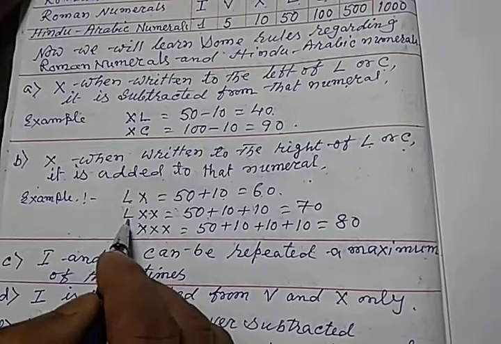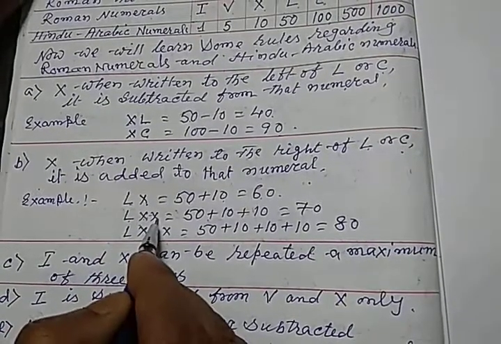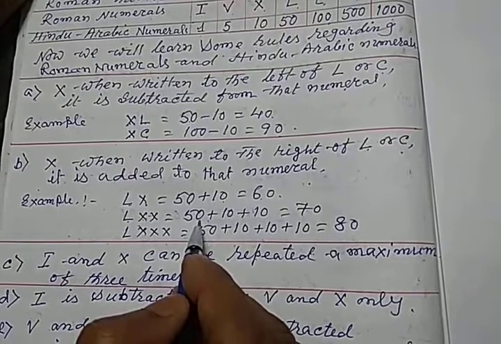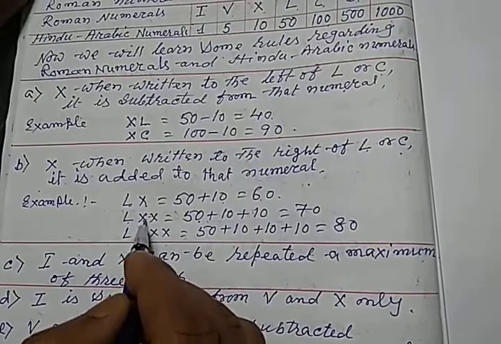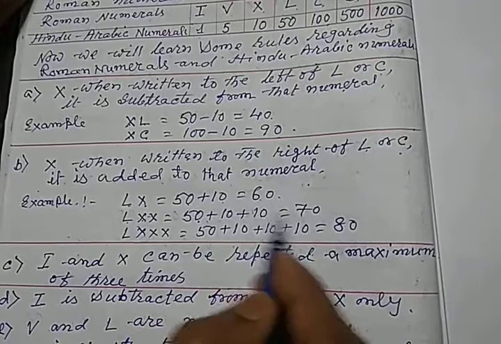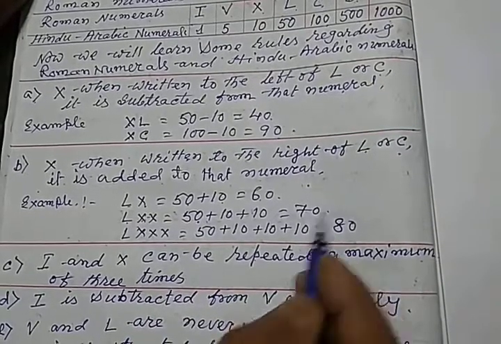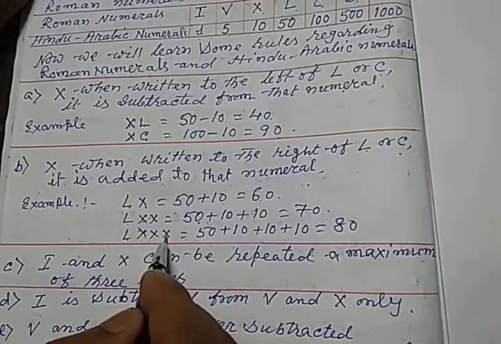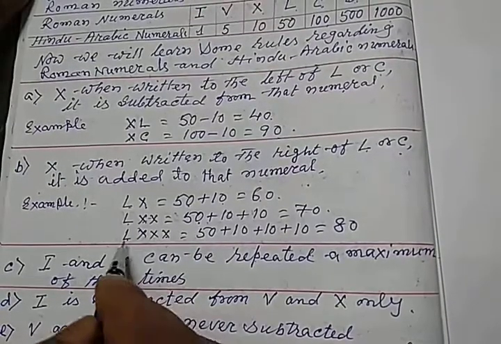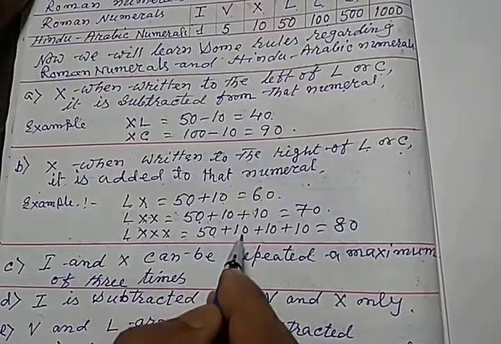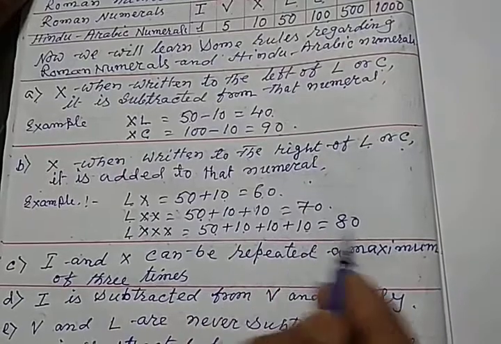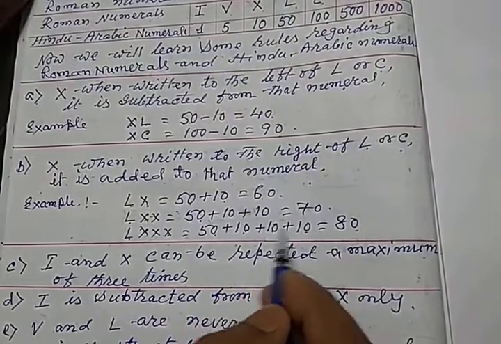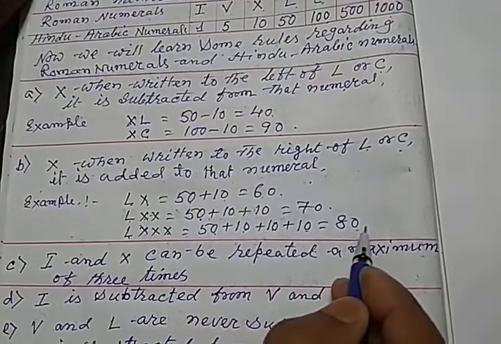Similarly, L, X, X, that is 50 plus 10 plus 10, the result is 70. Similarly, X is written 3 times on the right side of L. So L is 50, then 10 plus 10 plus 10. 50 plus 10, 60, 60 plus 10, 70, 70 plus 10, 80. So 80 is the result.